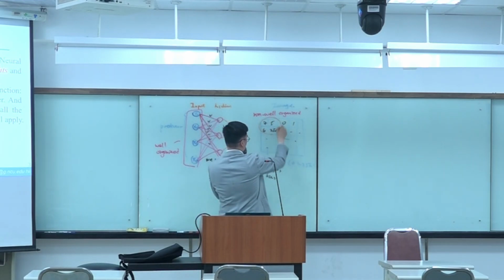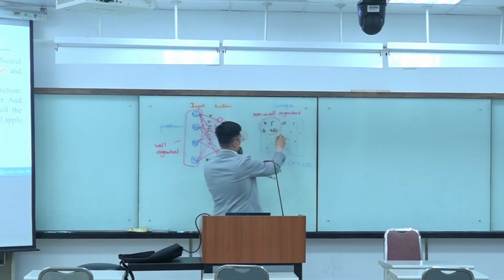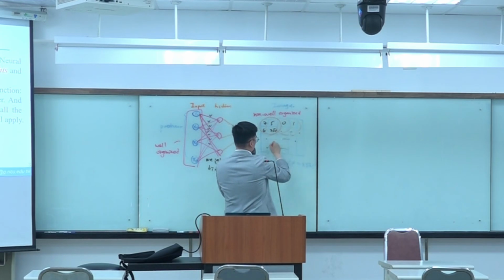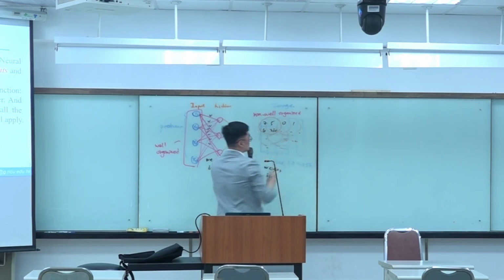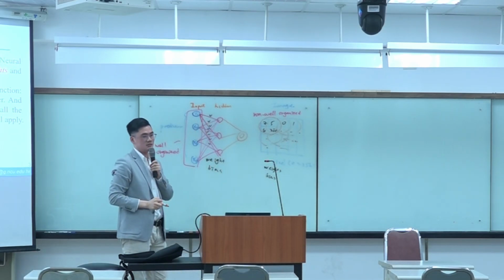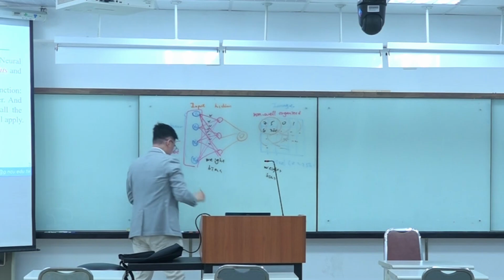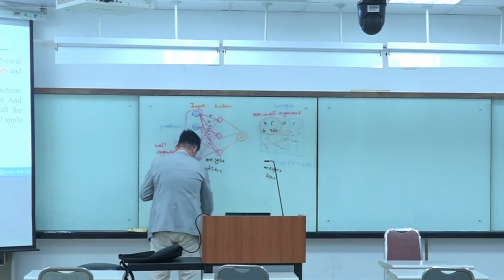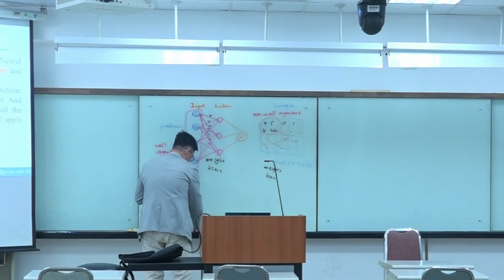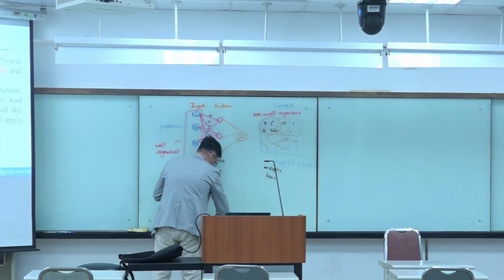For example, maybe this combination, or this combination, and so on. So that's the key difference for CNN compared to ANN, the artificial neural network.